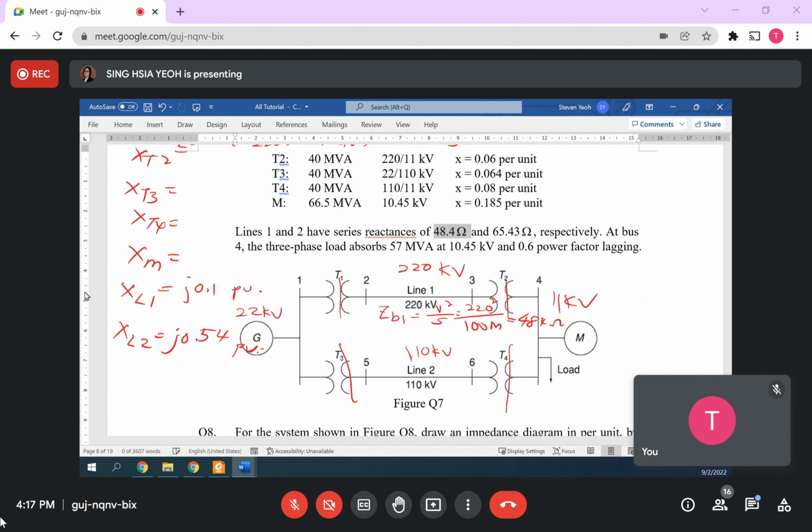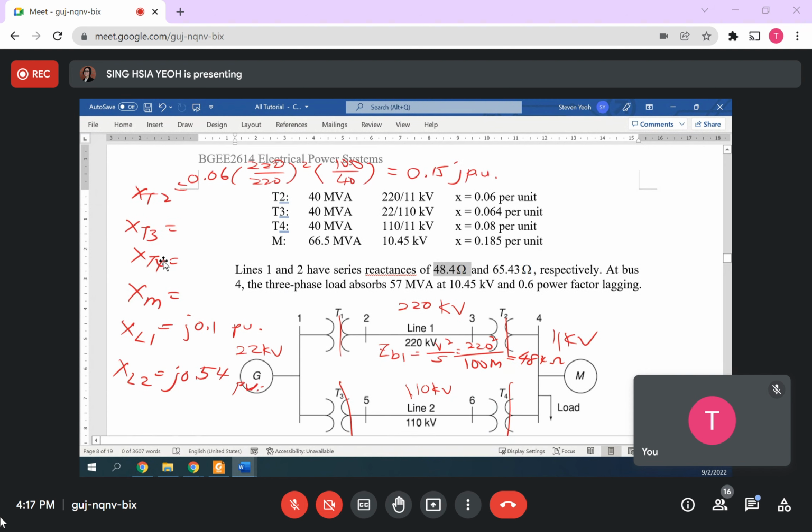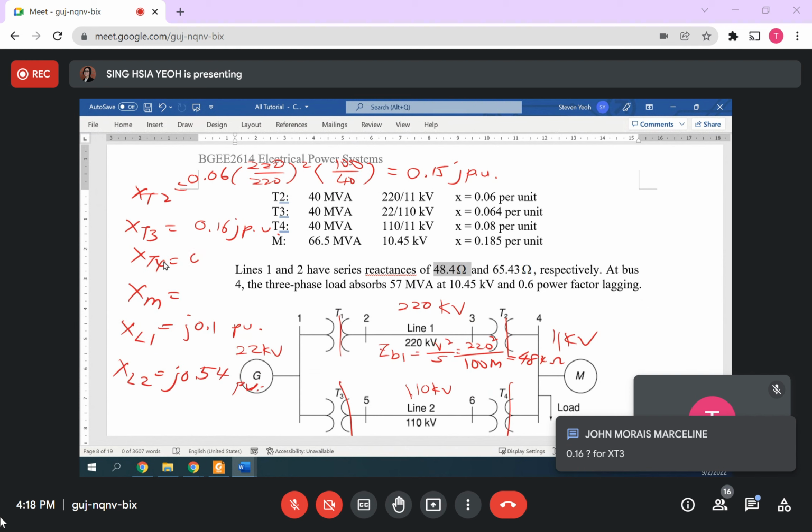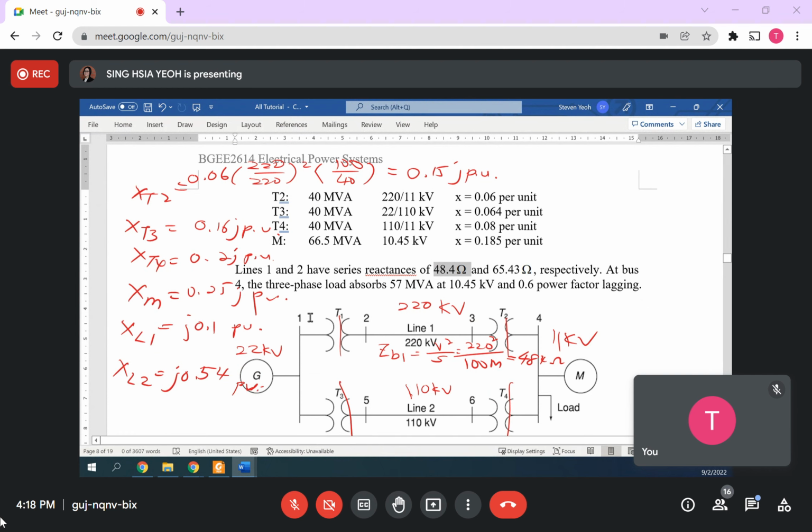Okay, line 2, okay. T3, T4, and motor. T3 should be 0.16 j pu. Motor should be 0.25 j pu. T4 should be 0.2 j pu. Okay, so you get the answers and you can double check with your work.